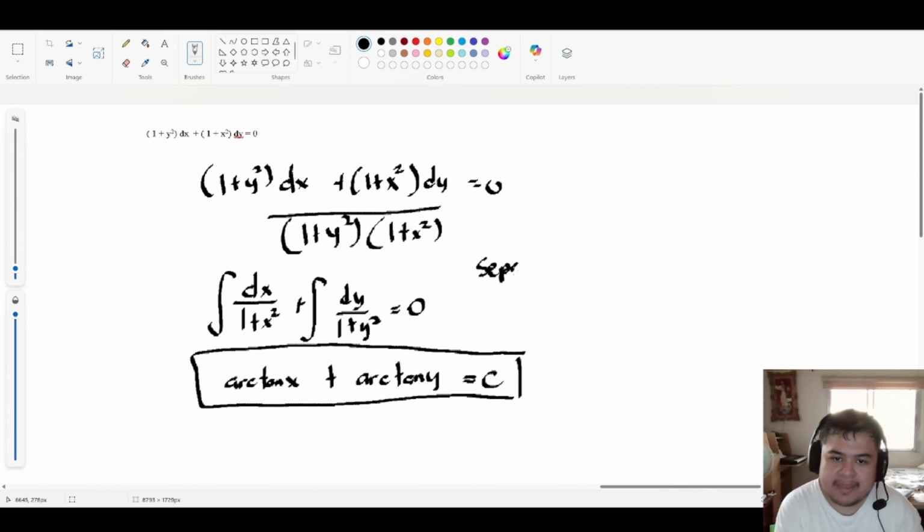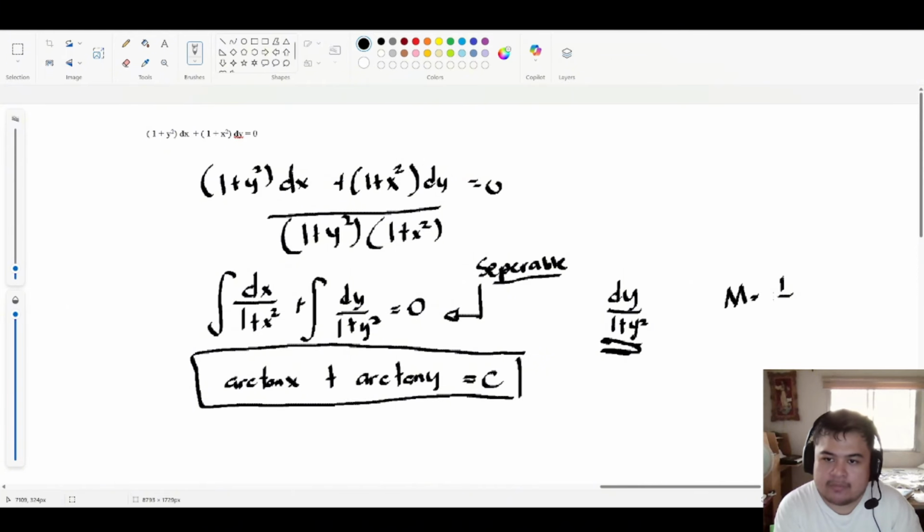This is separable. You can identify a separable equation once you are able to separate all the variables to its respective derivatives. Your m is 1 over 1 plus x squared. Remember, our formation is m dx plus n dy.